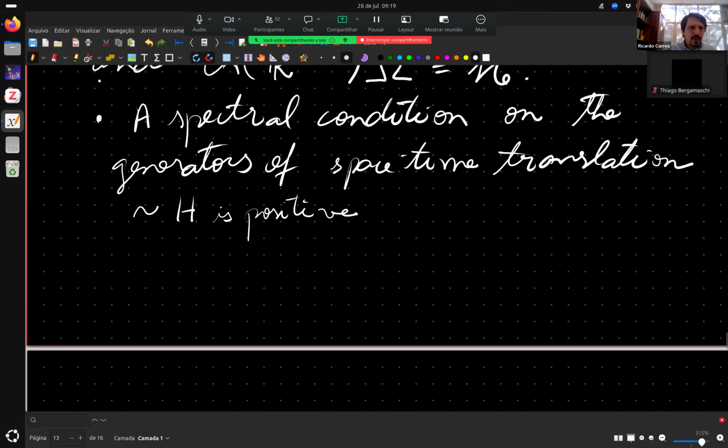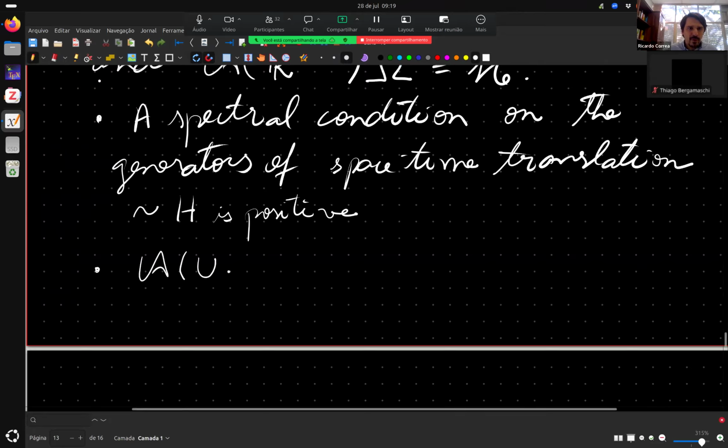And one last thing, which is called weak additivity. My question is, what happens if I have the algebra of a union of regions, and I want it to be equal to the algebra generated, the smallest C-star algebra generated by all of them.